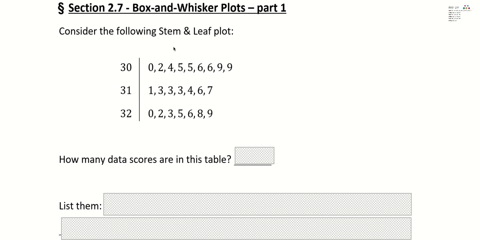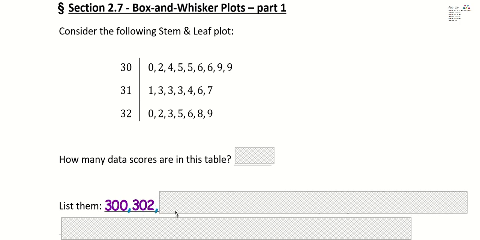If you don't know what a stem and leaf plot is, this is one. Over here are what's called the stems, and these are the leaves for each stem. All of these go with the 30, or what seems like 30. It's really more like 300, so 300 or 302.